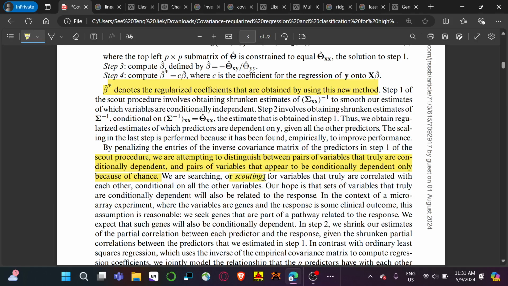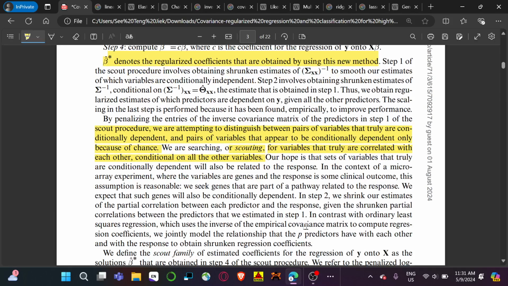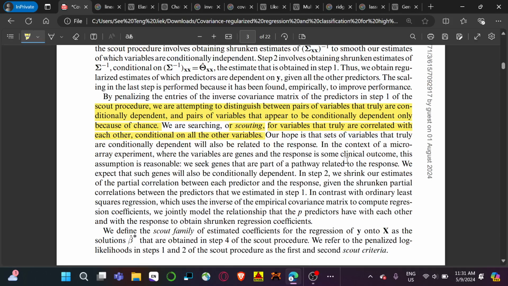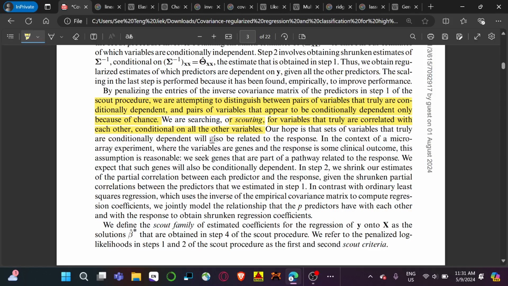That's the motivation behind the name, for variables that are truly correlated with each other and conditional on other variables, not because of chance. Their assumption is that the set of variables that conditionally depend on each other will also be related to the y label.